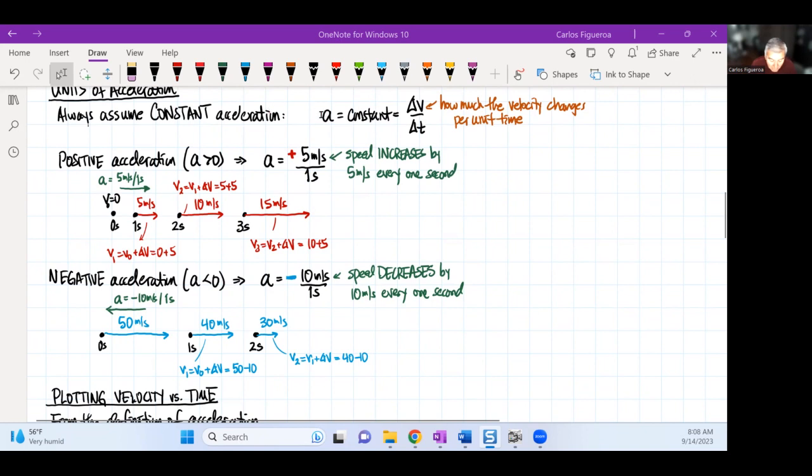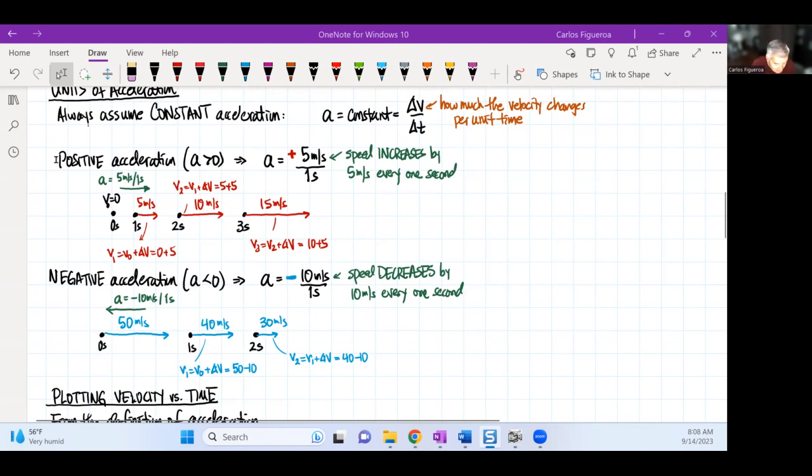So when I look at our definition of acceleration, it's this delta V that becomes the most important in defining acceleration. This time interval is always about 1 second. How much the velocity changes per unit time is what the acceleration is. But it's this delta V term that becomes important.